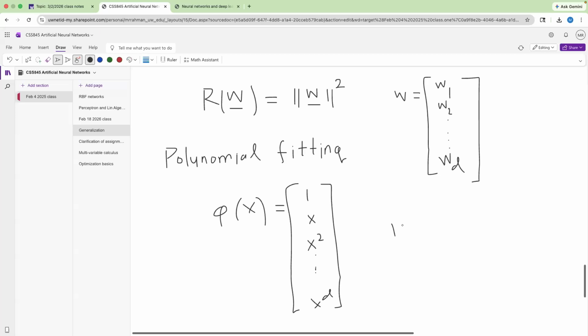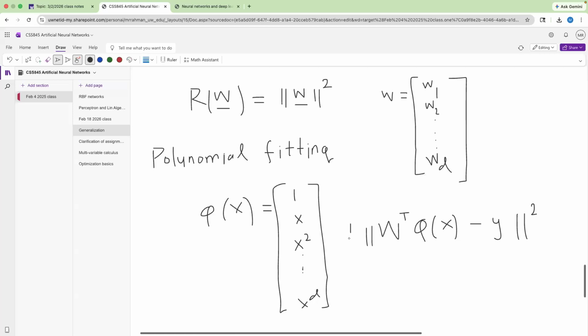And then your model is W transpose phi of x, right? That's your prediction. And then your training loss is going to be like this. This is your train loss.